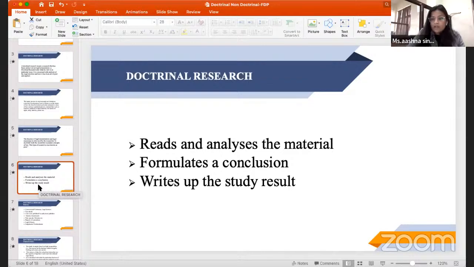You try and formulate from the abstract of the research paper, whether that particular paper, that particular article, that particular book chapter is relevant to your research or not. Then you try and write up the relevant points as a study result, which will further contribute to the research.